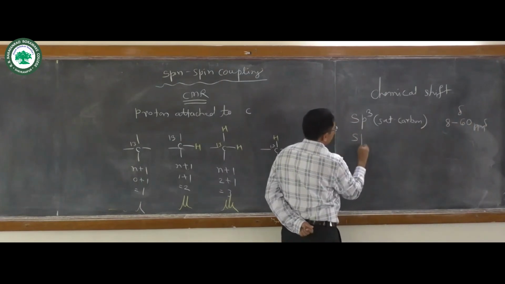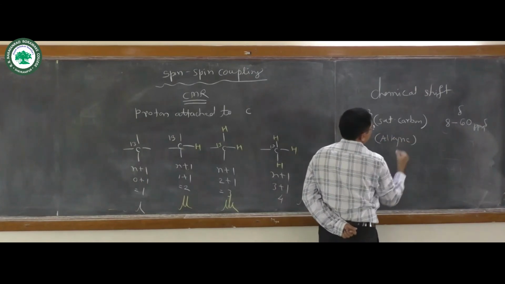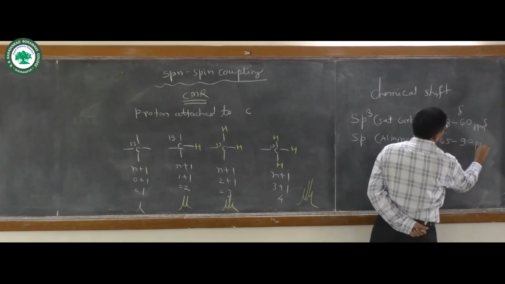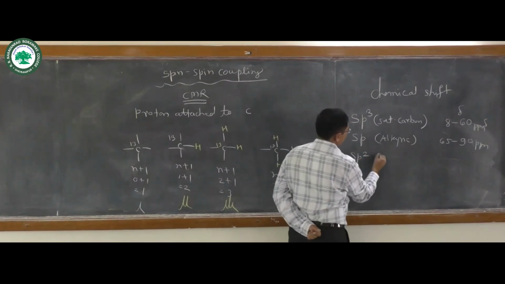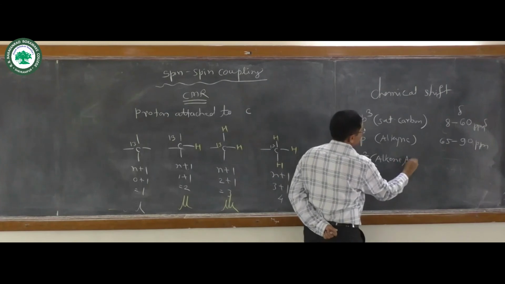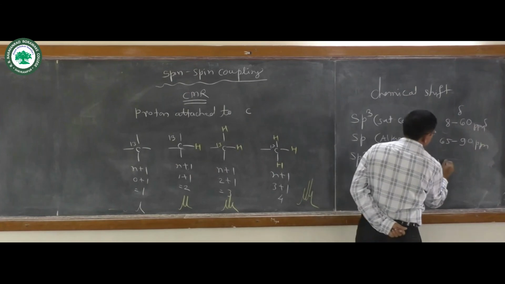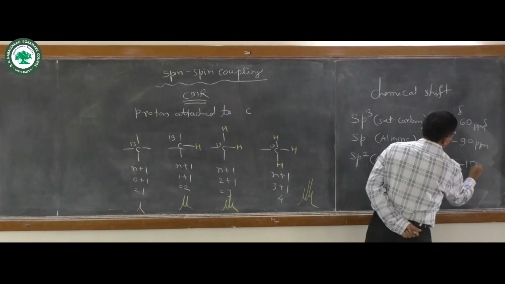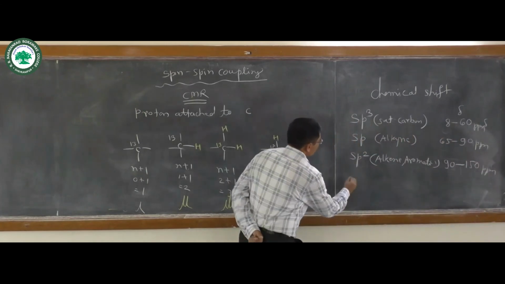And suppose sp, that is alkyne, then it is 65 to 90 ppm. And in case of sp2, for example alkene and aromatic, it is 92 to near about 150 ppm.